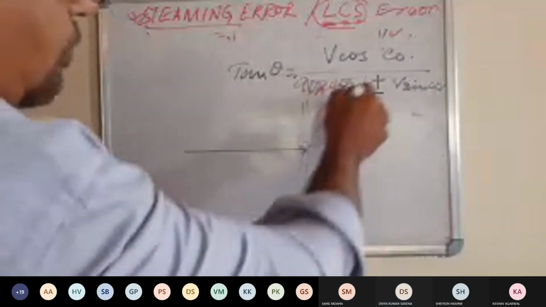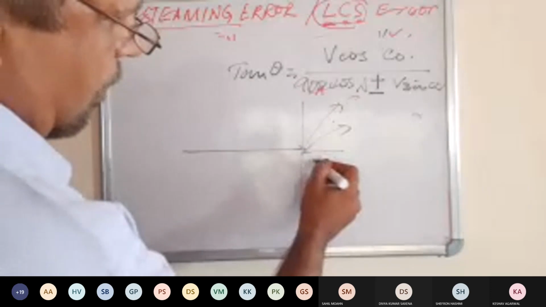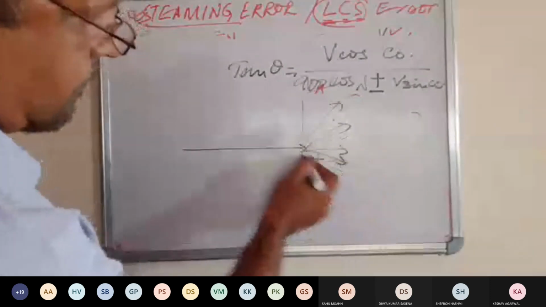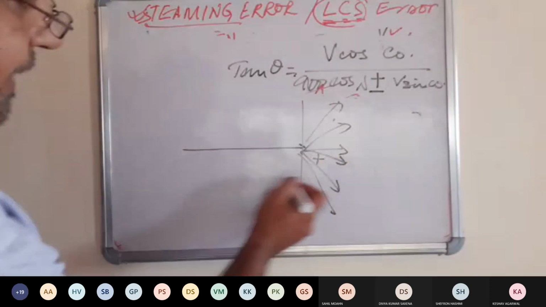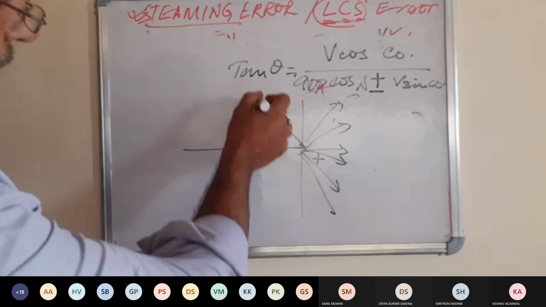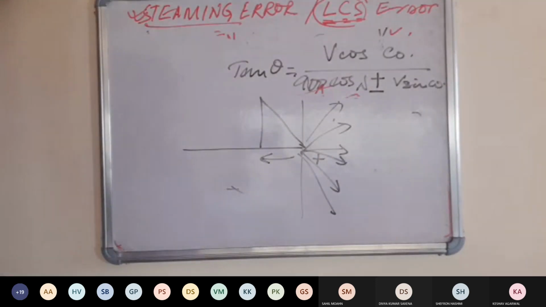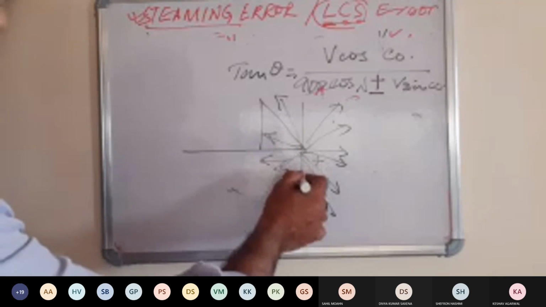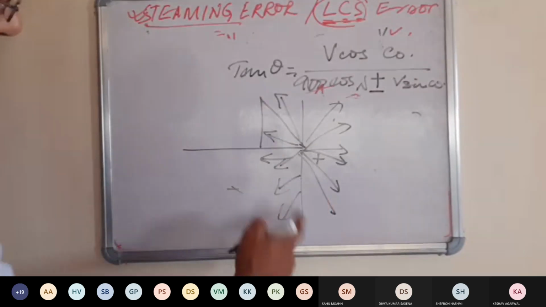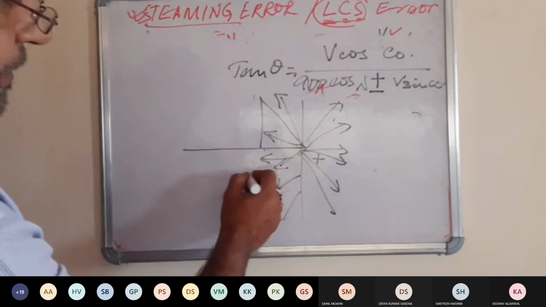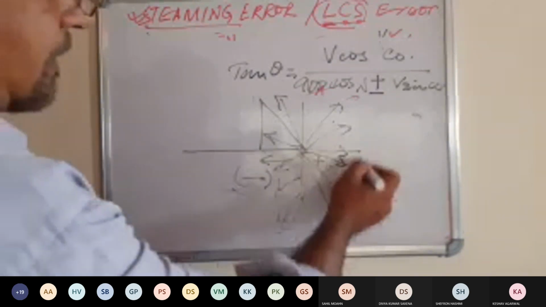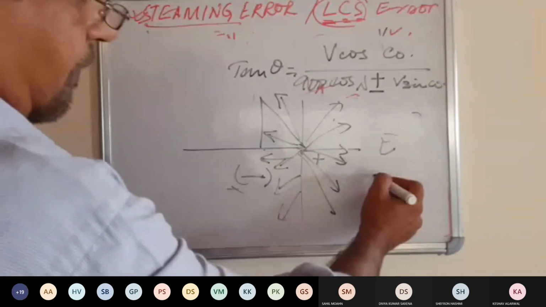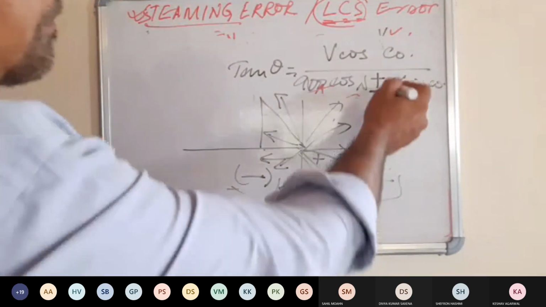Bravo, bingo. Anything when you are going on this side will always be plus. Anything going on this side will be minus. Any westerly course, all the time it will be minus. All the easterly courses will be plus. That's all.